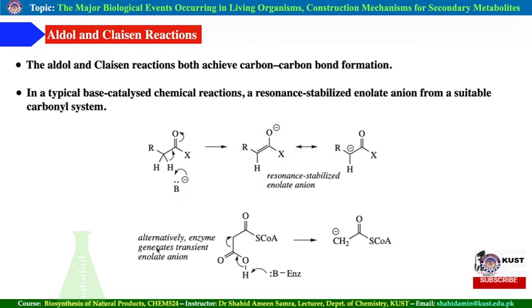Similarly, another example, in case of biochemical reactions, the enzymes have some groups that can give off electron pairs, present as lone pairs of electrons. So they will be acting as a base.